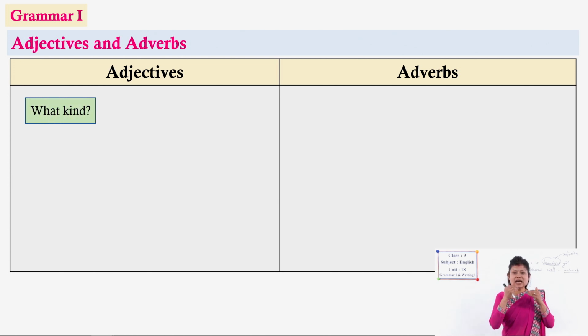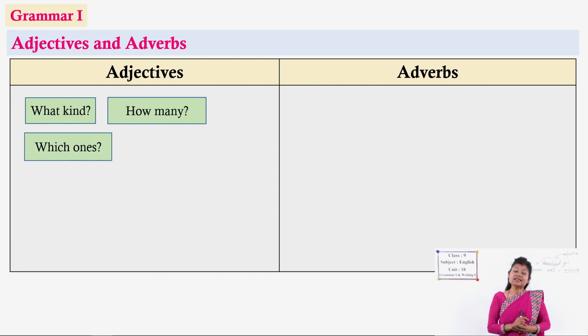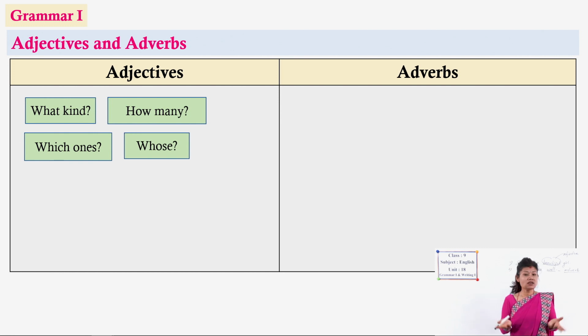Adjectives try to answer these questions: what kind of person, what kind of thing; how many things, how many persons, which is quantity; which ones, the demonstrative adjectives this, that, these, those; and whose, belongingness.